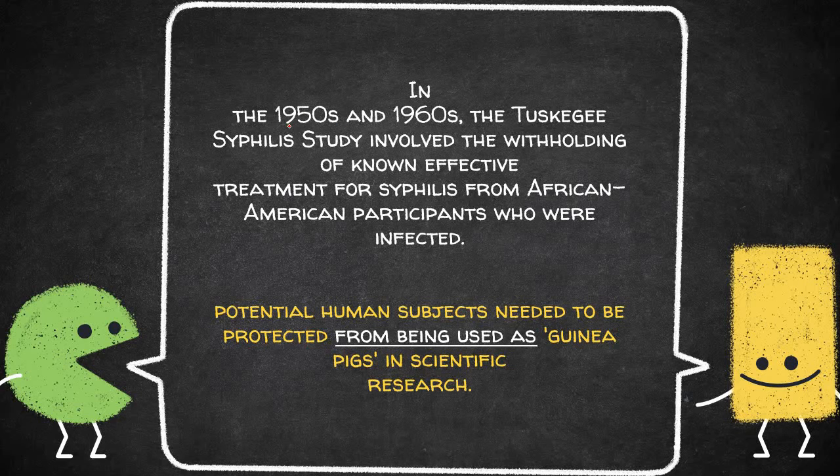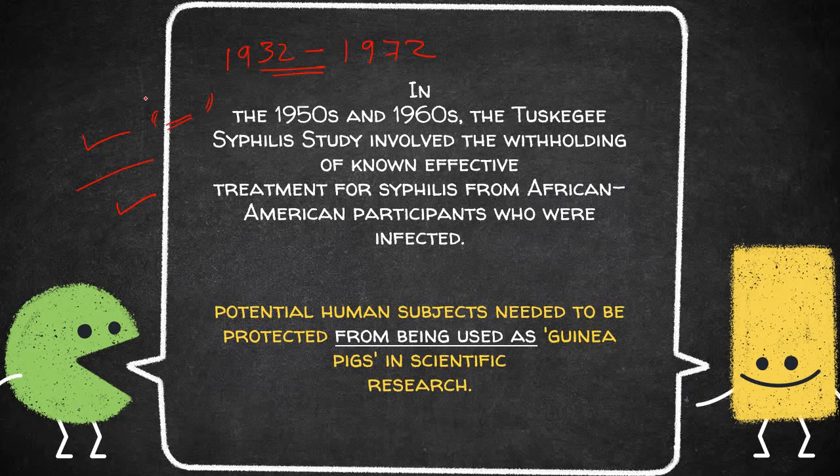The second one was the Tuskegee syphilis study. Actually, the study took place from 1932 to 1972. But here also there was a lacuna in terms of addressing the ethical issues. You are assigning people into control group and treatment group, and you are watching people worsening their conditions and doing nothing.